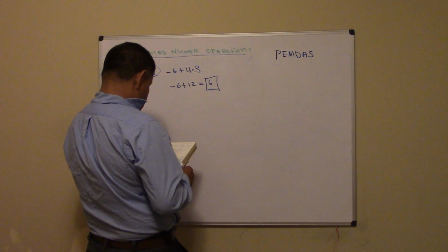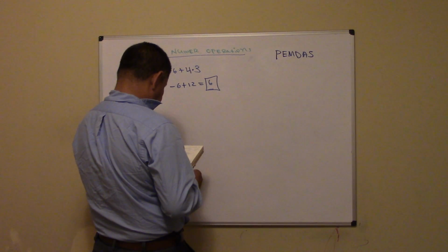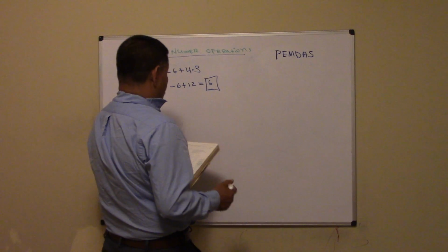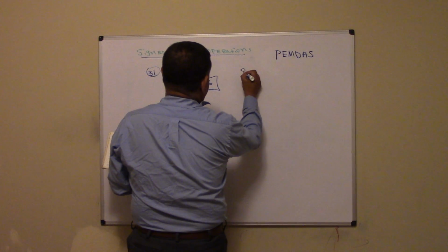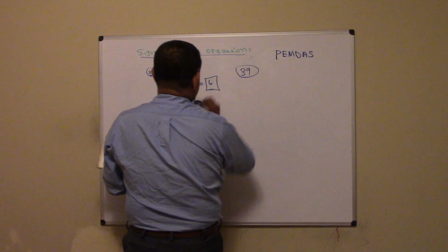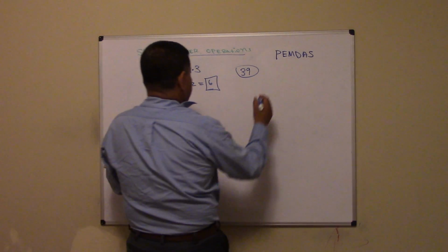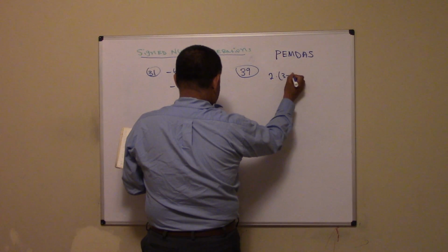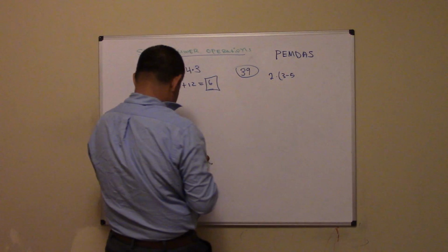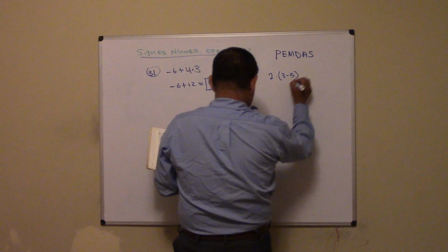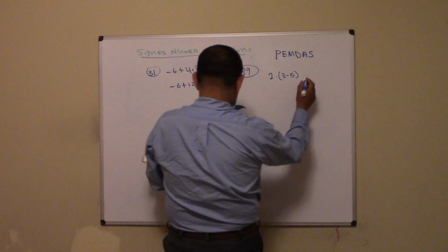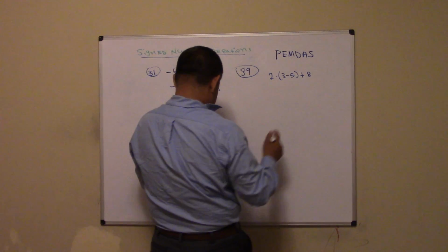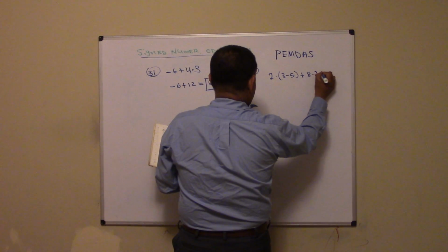Okay. Let's do number 39. Number 39, which is 2 times 3 minus 5 plus parenthesis 8 times 2 minus 1.